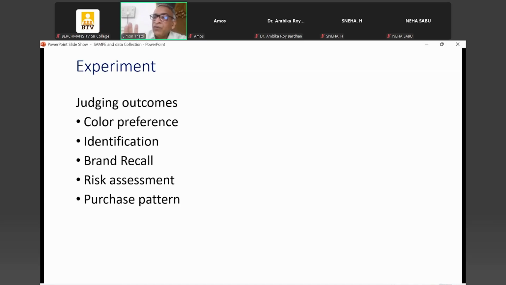Say for children, when you're doing research on toys, color choice of children, you see how they react to the different toys. How are they identifying factors? Even for those who are affected by different diseases, their ability to identify is something which is taken as an experiment. Brand recall is yet another experiment which is done in marketing, again, social science research.